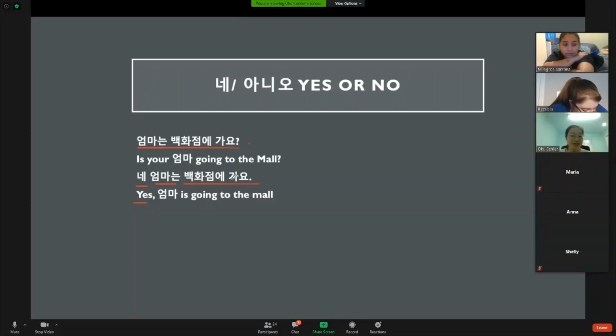But it really depends on the situation. You can use 가 in this case too. Can you use 가 in the question? 엄마가. You can do that. I'm just using 은 or 는 to keep it consistent, so no one gets confused. But depending on the situation you can use 가. You can say 엄마가 백화점에 가요, like 네, 엄마가 백화점에 가요.